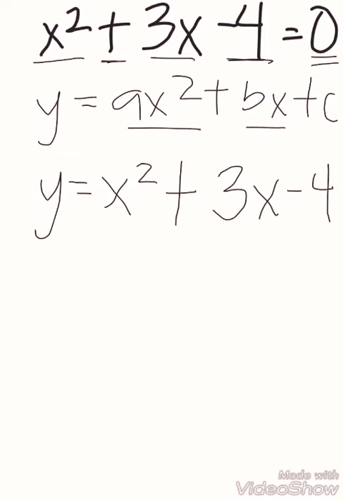After rearranging, the first thing we're going to do to graph the function is to find the axis of symmetry by the formula x equals negative b over 2 times a. So we're going to substitute. The b is the 3.